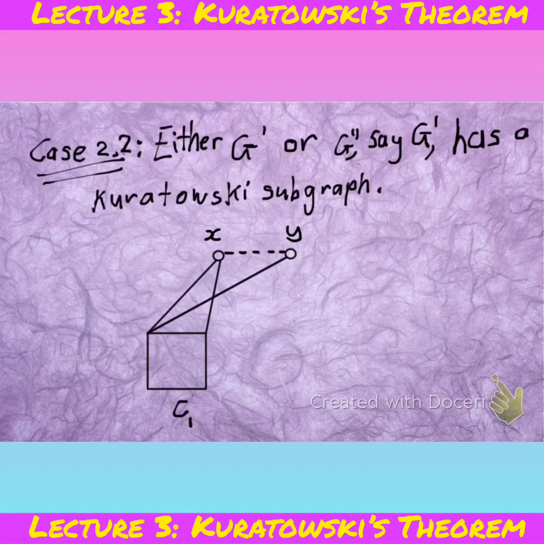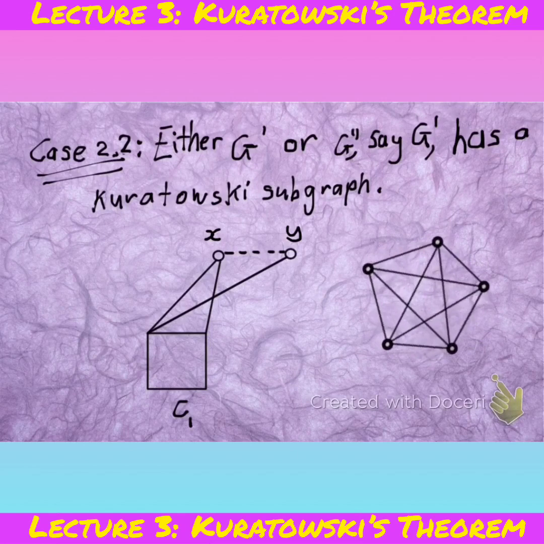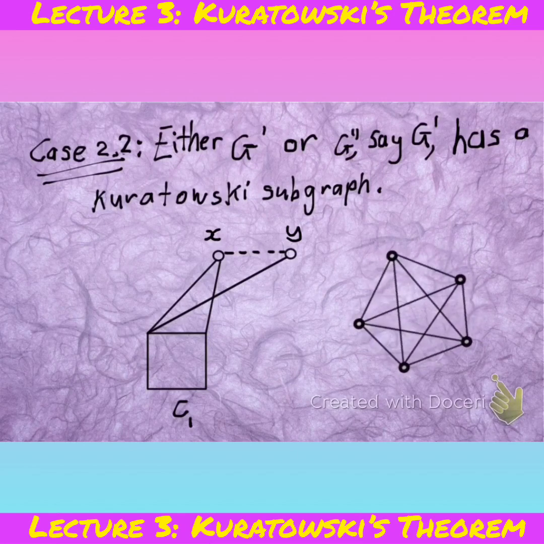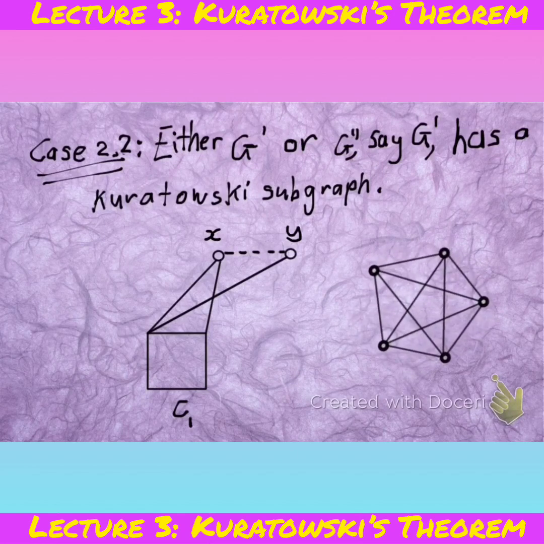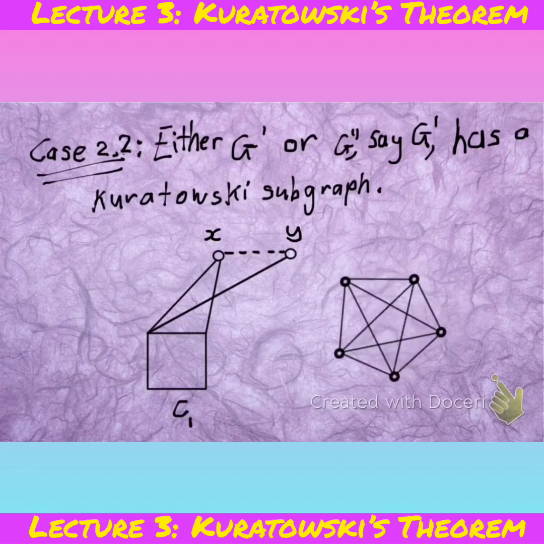So now we are saying that G prime has a Kuratowski subgraph. Let's assume for argument's sake this Kuratowski subgraph is just the K5, but you can also look at a subdivision of K5 or K33 or a subdivision of K33.